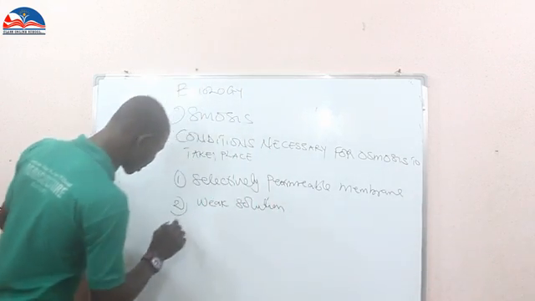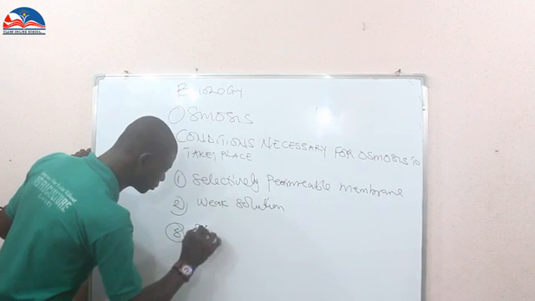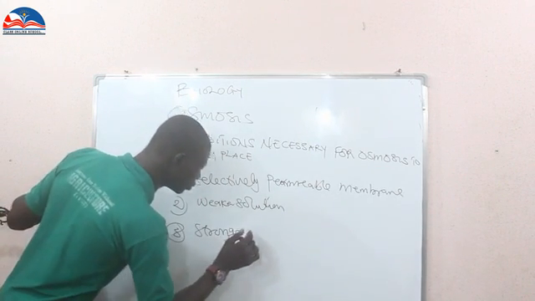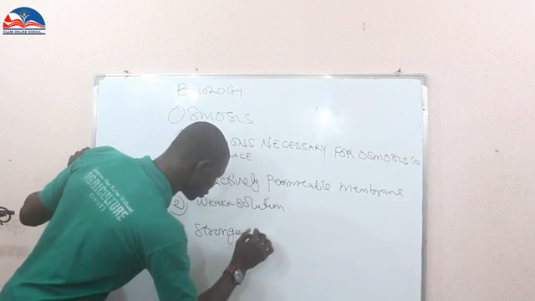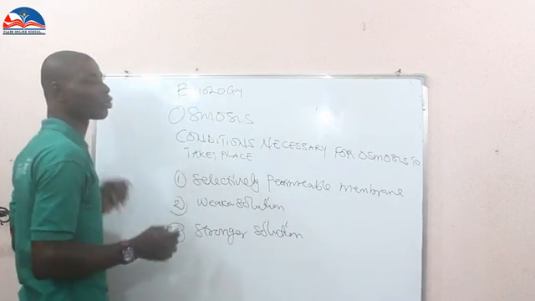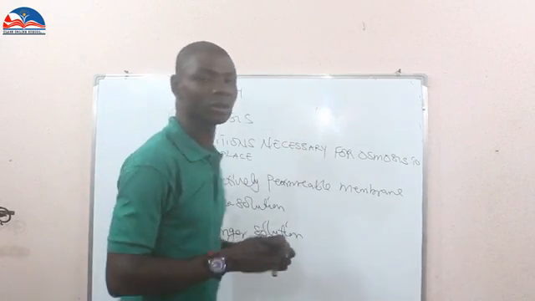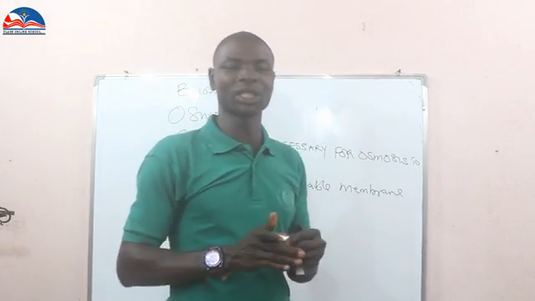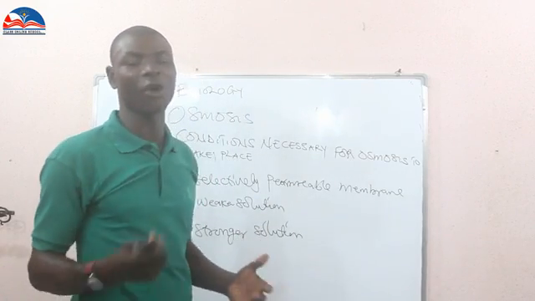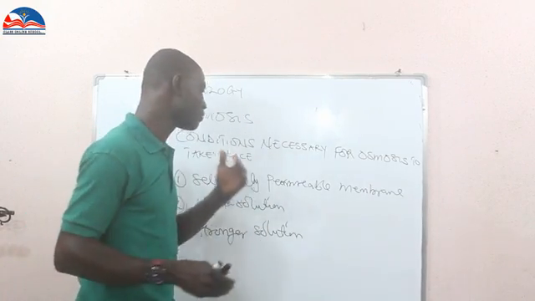Two, there must be a stronger solution too, and the stronger solution now becomes the sugar that is inside, which the water gets into. These are the conditions necessary for osmosis to take place.